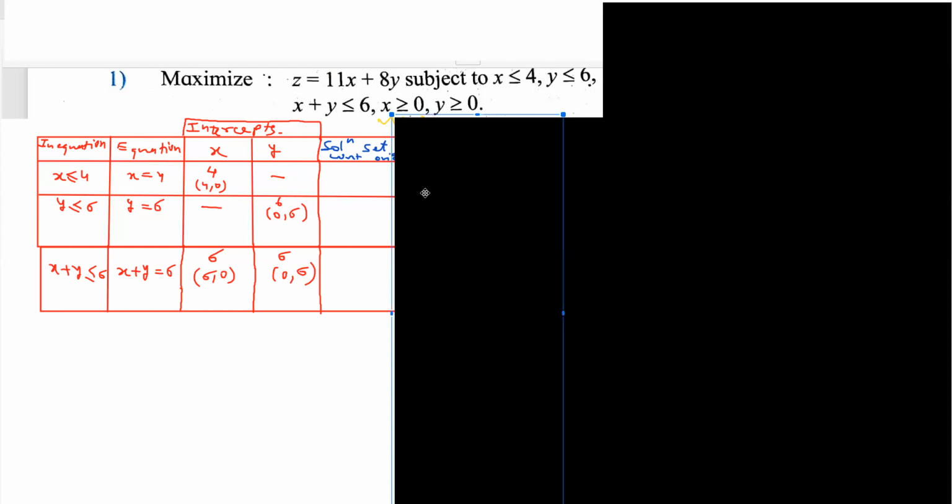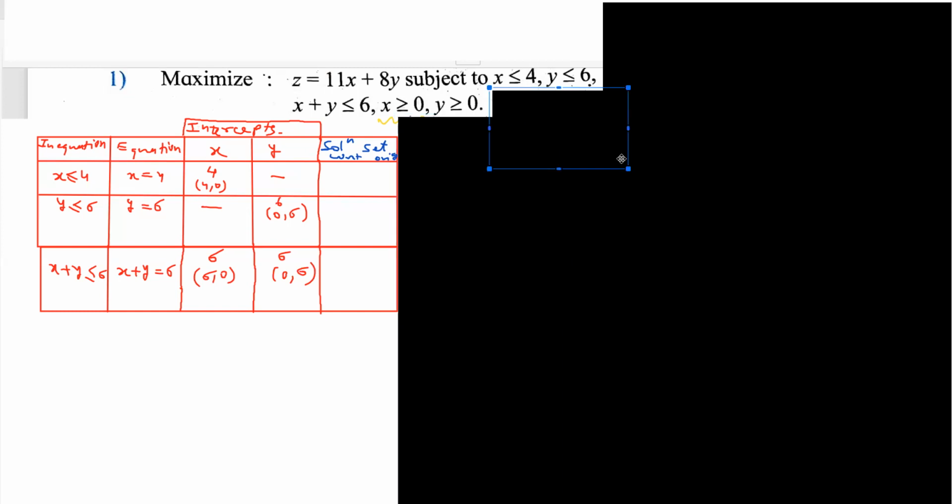Okay, so I will go for the plot now. In the exam, if they provide you a graph paper, well and good. But if the graph paper is not provided, don't worry, you can do it even on normal ruled paper that you have. I will show you how. So let's begin. I draw the x-axis and y-axis.